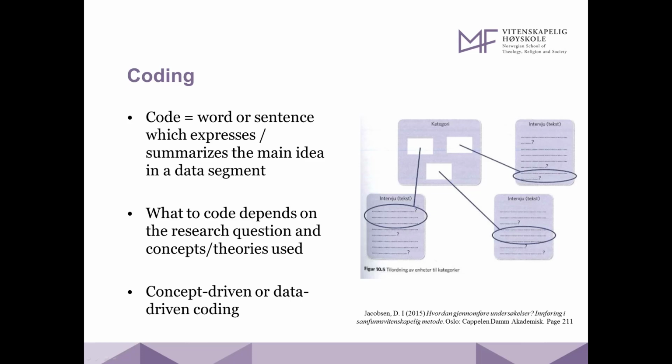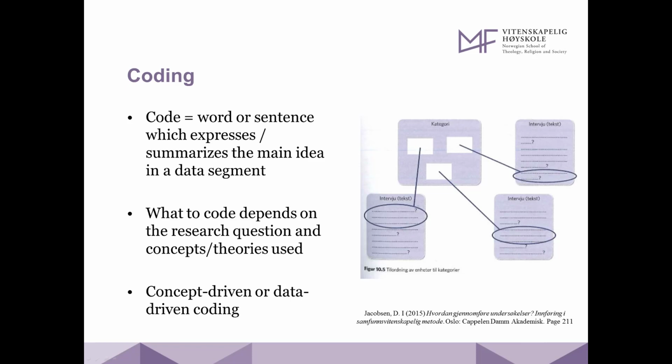A code can be defined as a word or sentence which expresses or summarizes the main idea in a data segment. And really what you code depends on the research question and the concepts and theories you used. Coding is not a precise science. Coding is also about interpretation. It's not about finding the right labels.